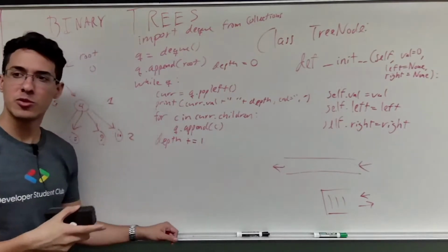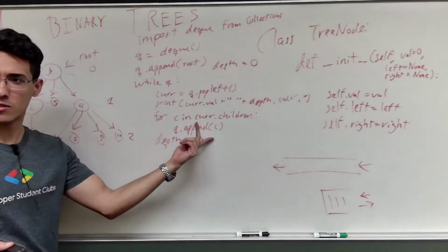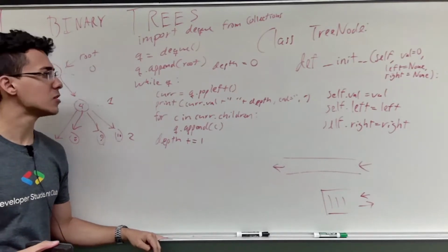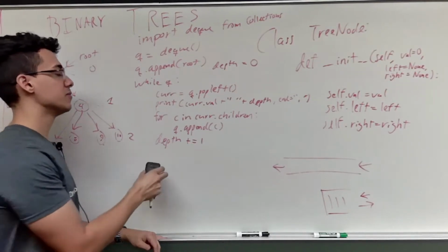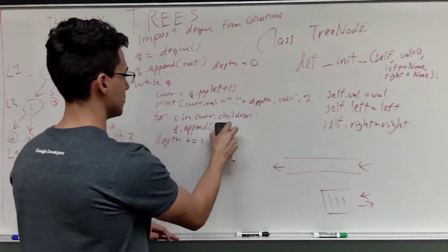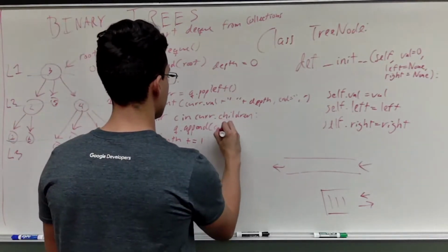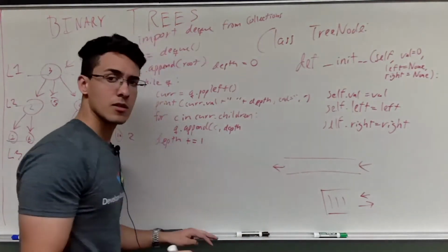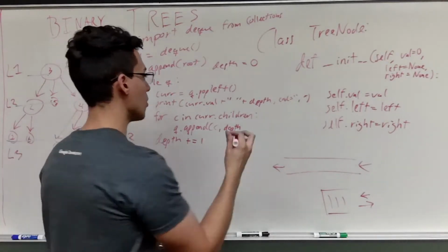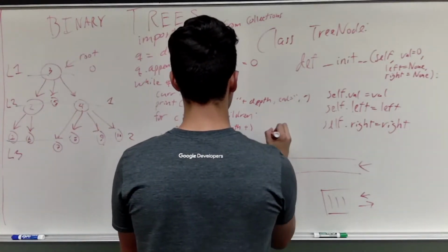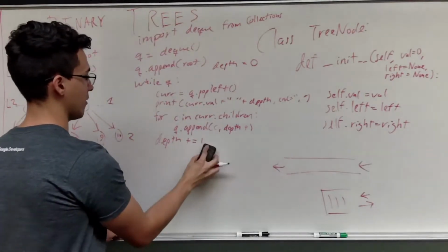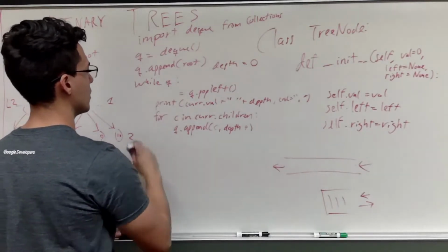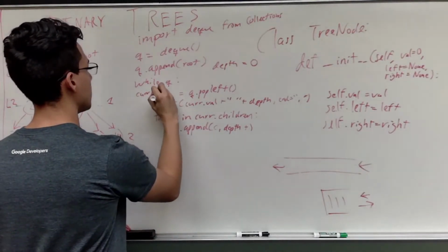So do you want me to actually put it here? q.append the tuple root, 0. Right. And then every time you're appending the children, increment that value by 1. It's the tuple current, depth.